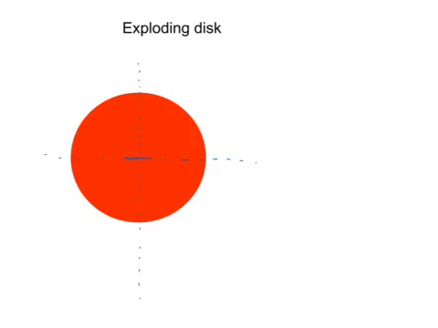Let's imagine an exploding disk that is only exploding in the XY plane, so it has no vertical explosion component. And we've got one chunk that is 90 degrees, one chunk here that makes 120 degrees, and one chunk that makes 150 degrees. And what we're going to imagine is that these pieces explode radially outwards.